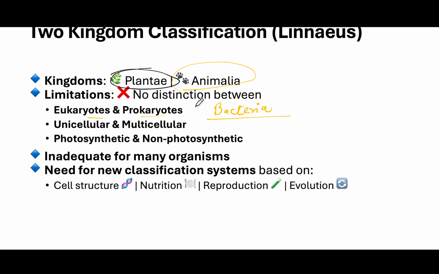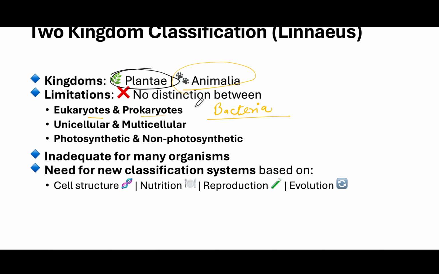The third point is the mode of nutrition of the organism, whether photosynthetic or non-photosynthetic. If photosynthetic, they are autotrophic, and we can further classify autotrophs into photosynthetic and chemosynthetic.